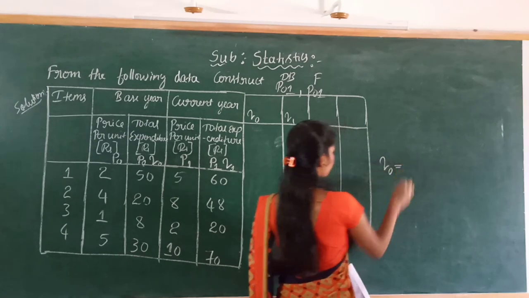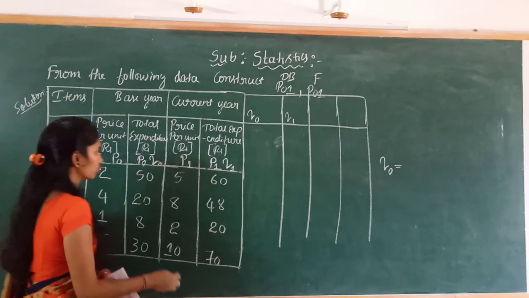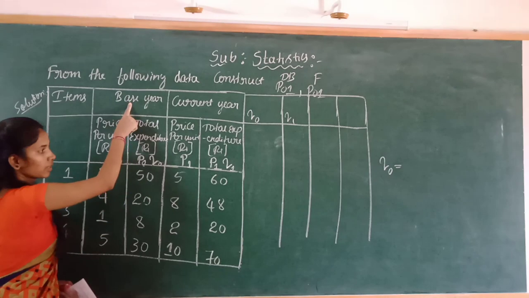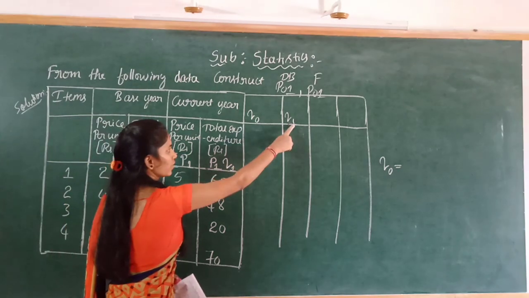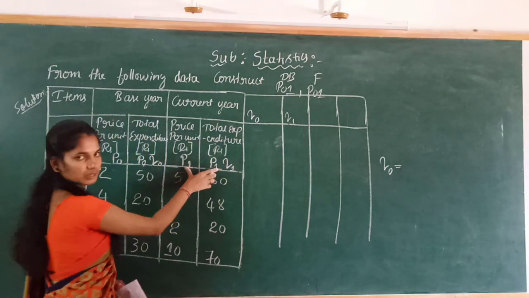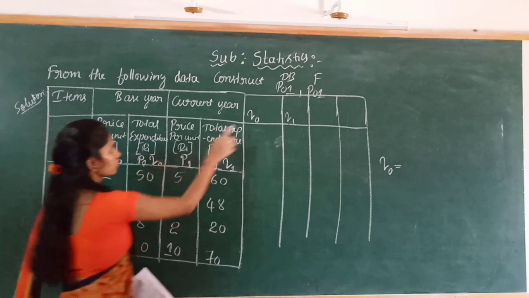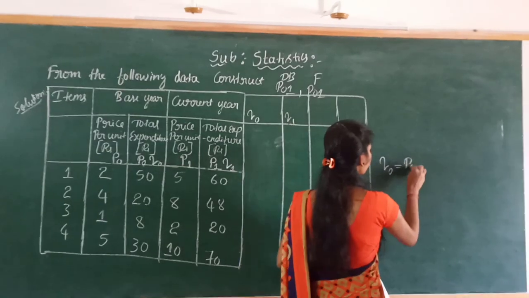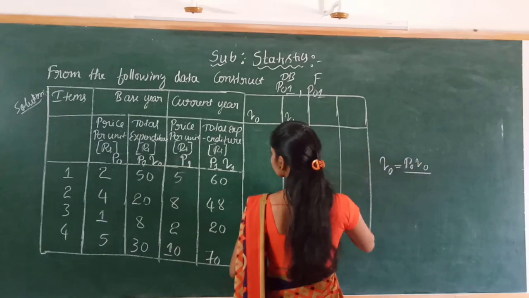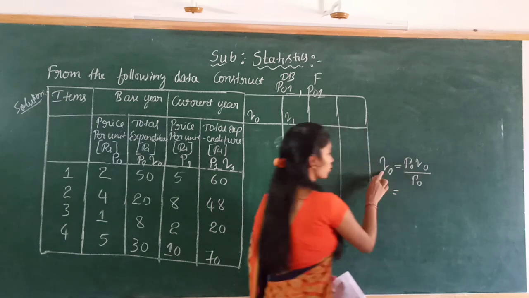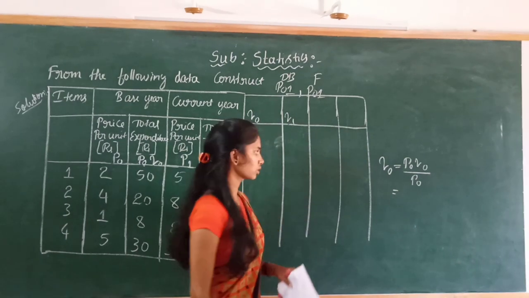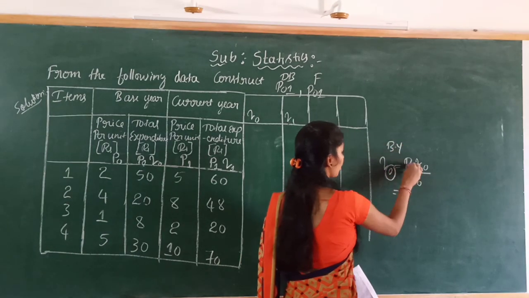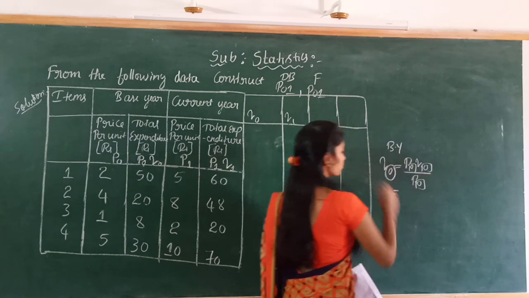See here my dear students, for calculating Q0 you use the base year values. If you have to calculate Q1, 1 is nothing but the current year, so use those values. So Q0 equals P0 Q0 divided by P0, because it is the base year. You have to consider these two values of the base year.